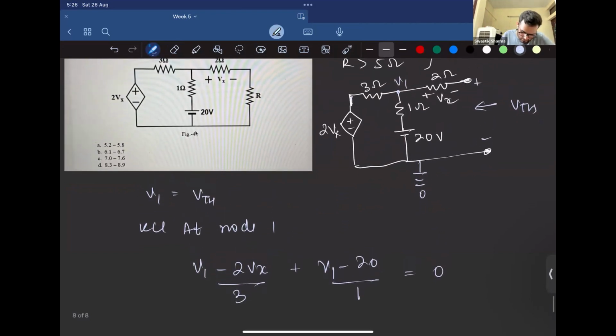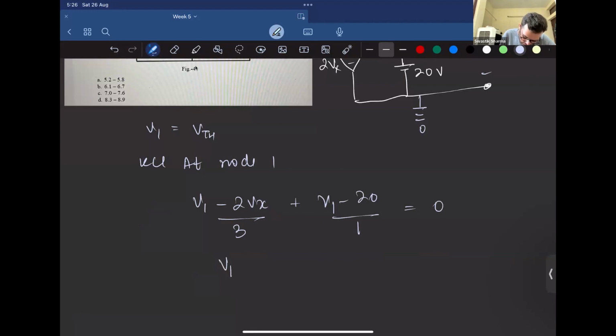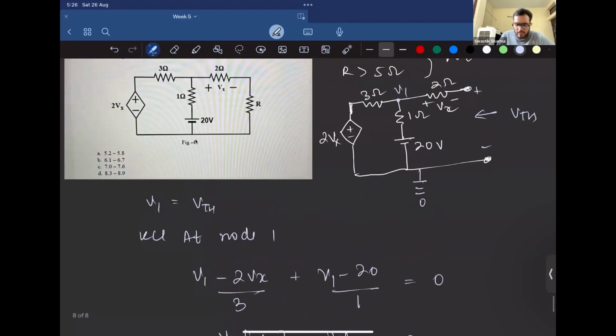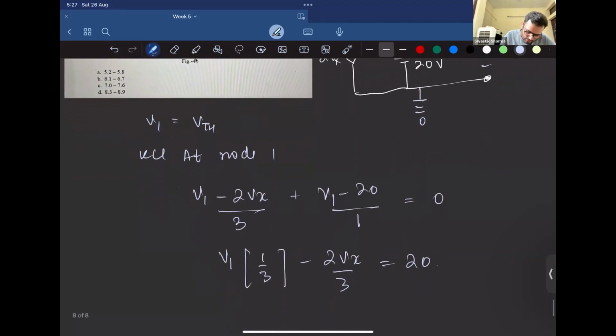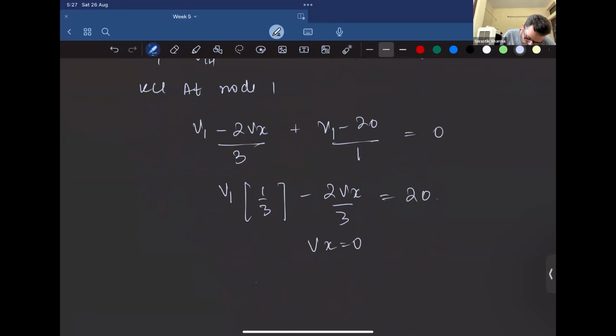So what is V1 in terms of Vx? Now, what is the value of Vx? It's 0, because no current is flowing through it, so the voltage across the 2 ohm resistance would be 0. So Vx is equal to 0. Therefore, V1 is nothing but 60 volt. That means VTH is 60 volt.